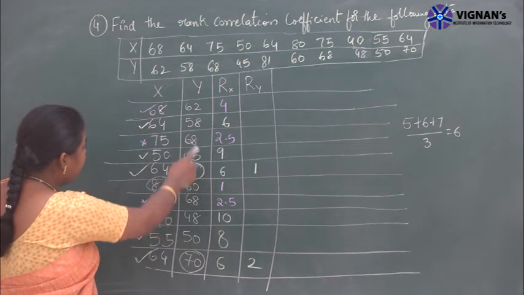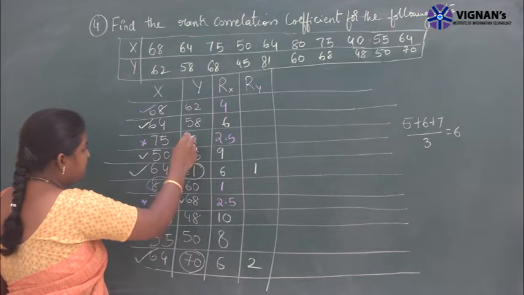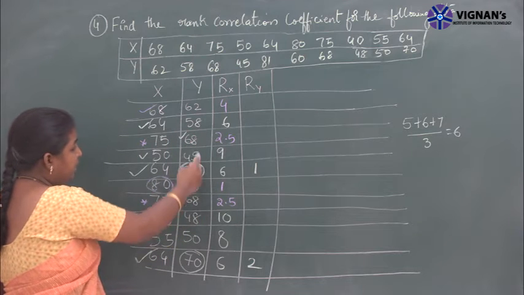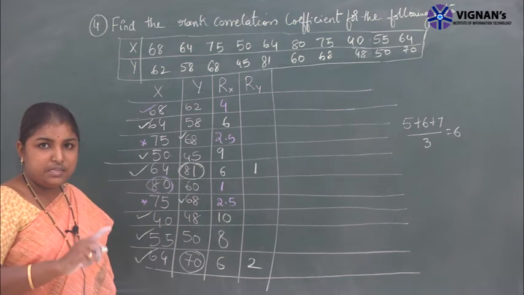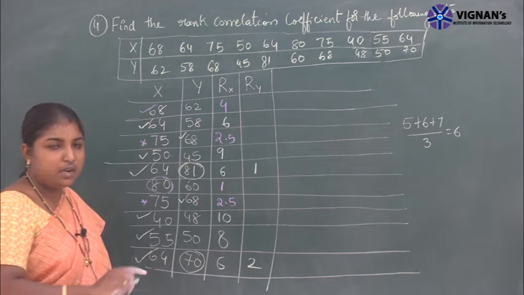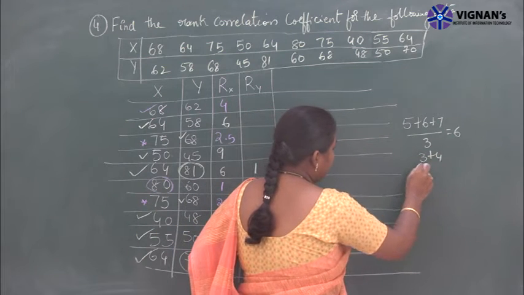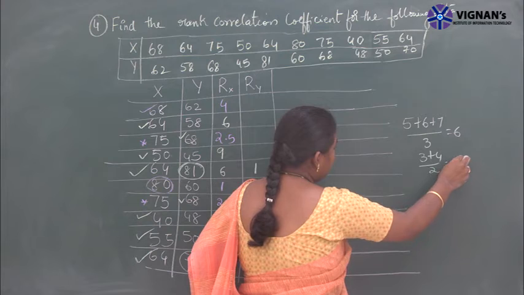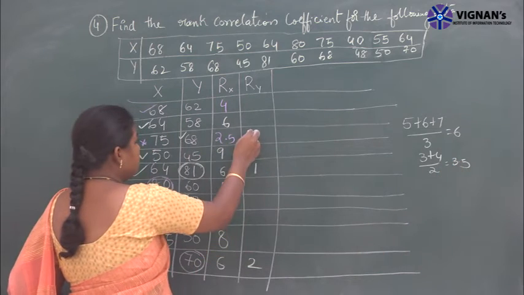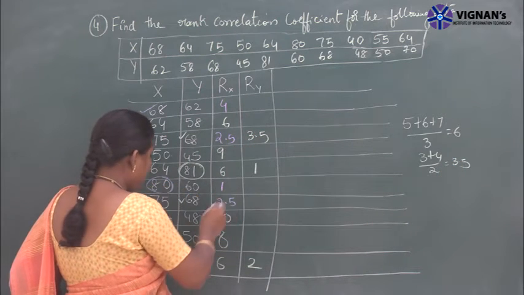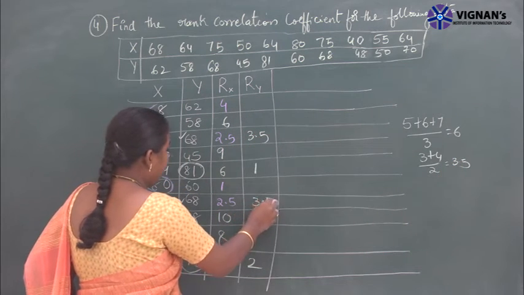Okay. After that we are having 68 as the next maximum. But 68 is repeated 2 times. It is in third and fourth position. We are taking the average: 3 plus 4 by 2, which is 3.5. So that is 3.5 and this is 3.5.